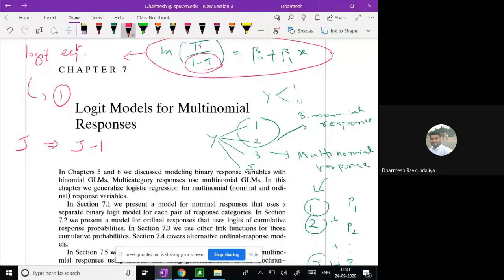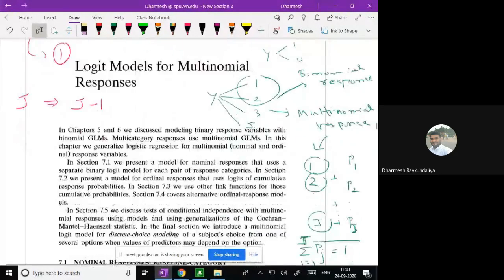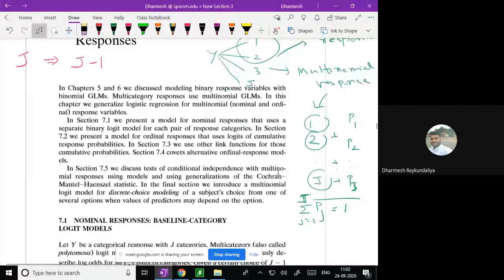We will fix any one of the categories as a reference category. So whatever models we are developing are with reference to the category which we have kept as the reference. We will come to that part, how it works, what should be the form of the model, under which condition we can apply.